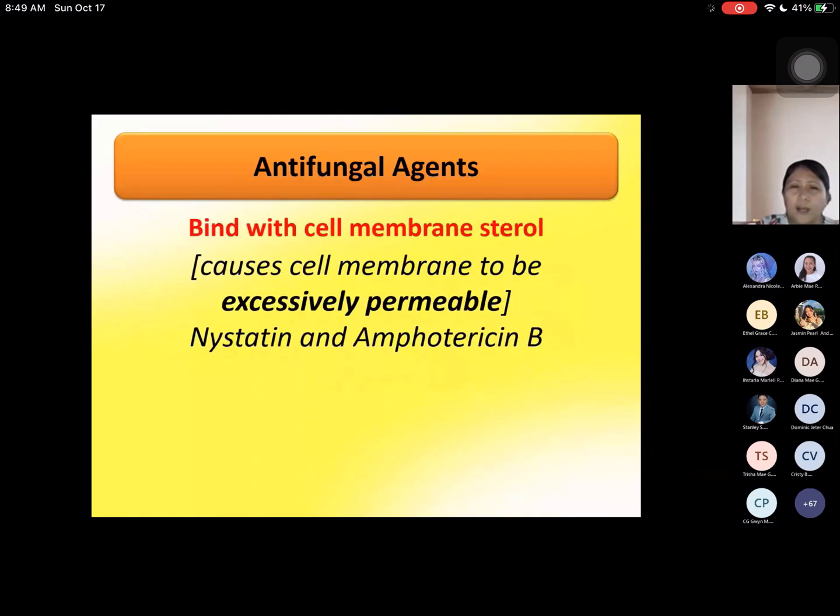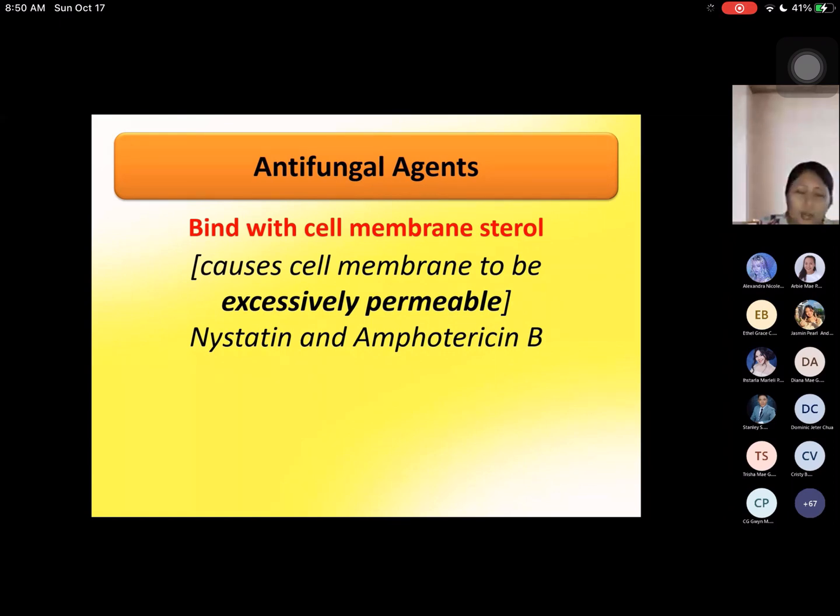Example of this is nystatin and amphotericin B. So remember that sterols are waxy insoluble substances. In fungal membranes, they have the primary sterol. Okay, in their cell membrane, they usually have ergosterol.